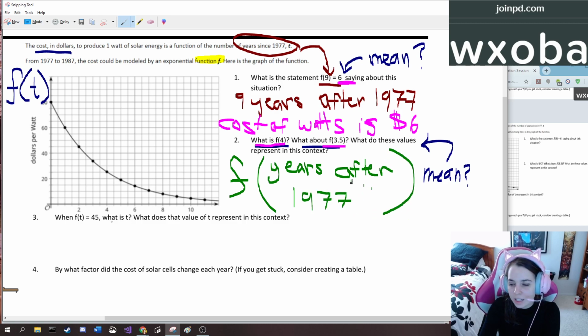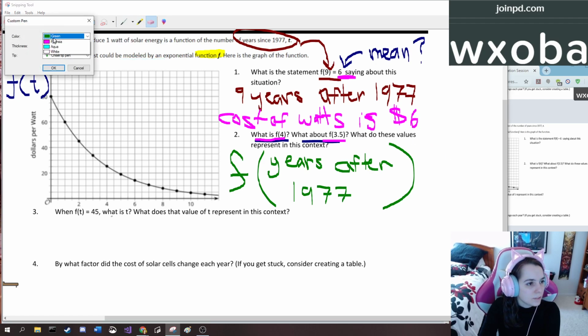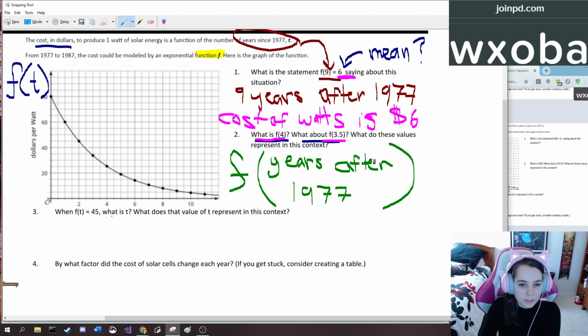Any number inside of our function, since it's a function of years, a function of time, is going to be the amount of years after 1977. So then if the number inside is the amount of years after 1977, the outside is going to be the cost of the watts. So this is going to equal our cost of watts.